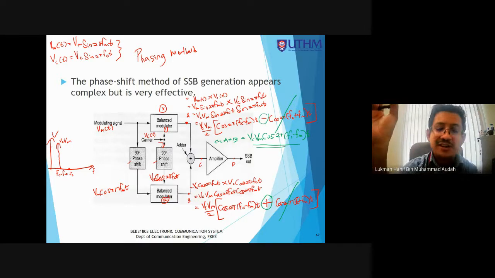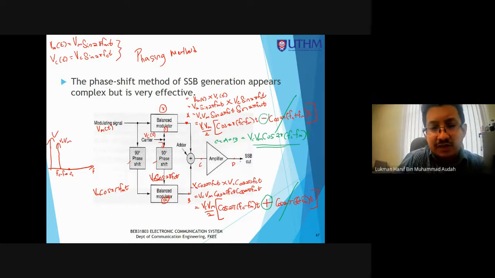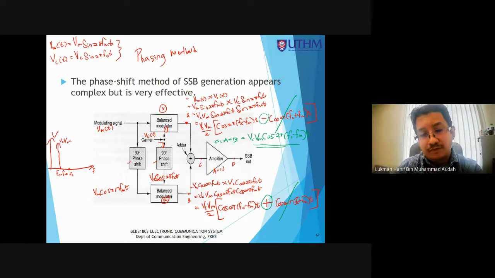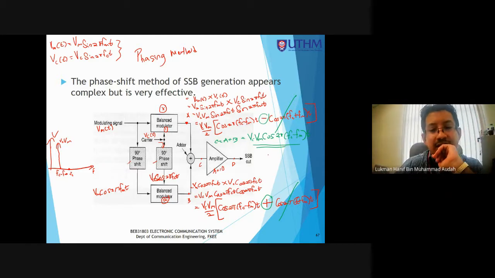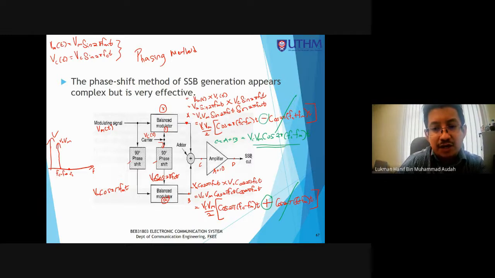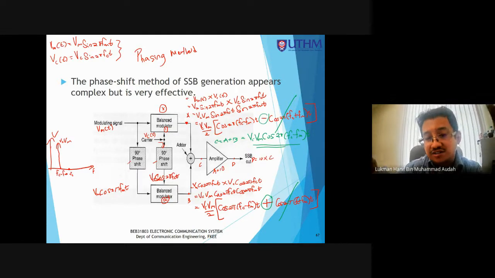Okay. So what happened at point D? Okay, at point D, katalah amplifier ini mempunyai gain sebanyak 10. Contoh. Okay, let's say the gain is equal to 10. So therefore at point D, dia bersamaan dengan 10 darabkan dengan C, point C tadi.